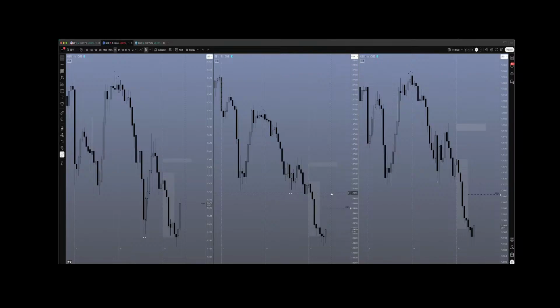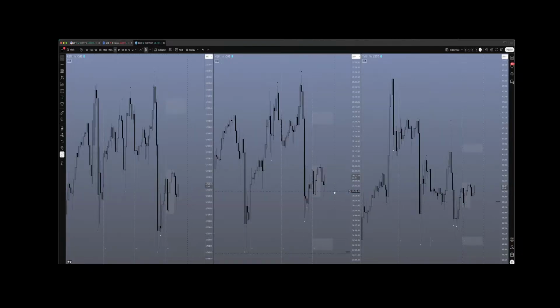Really interested to see how this range ends. This obviously needs another higher time frame liquidity pool now.